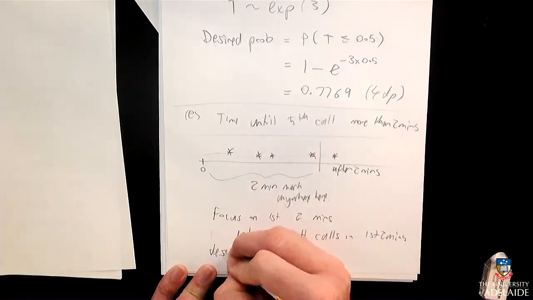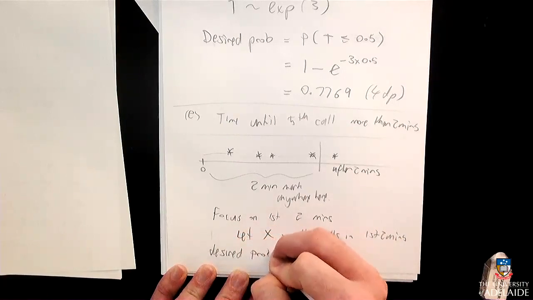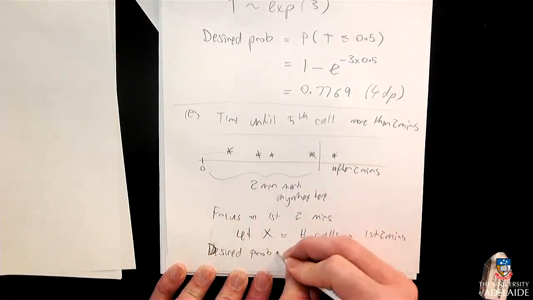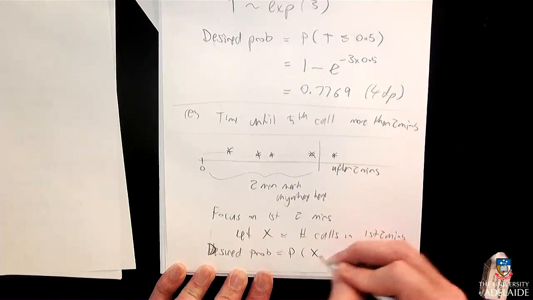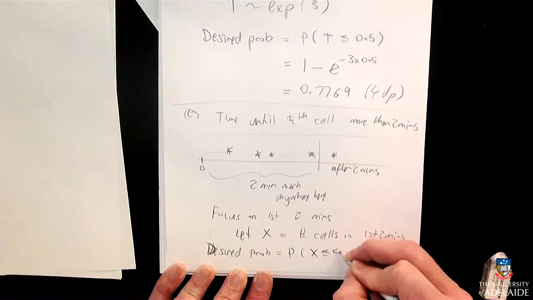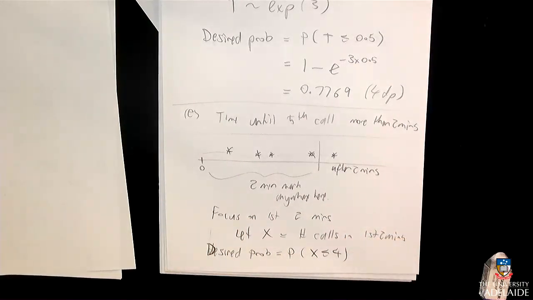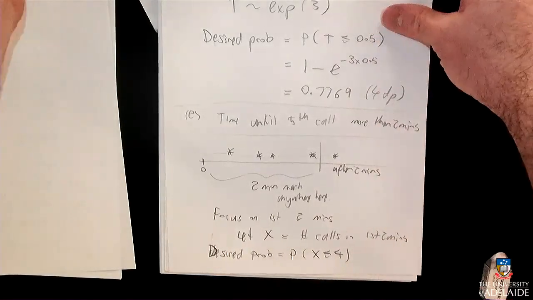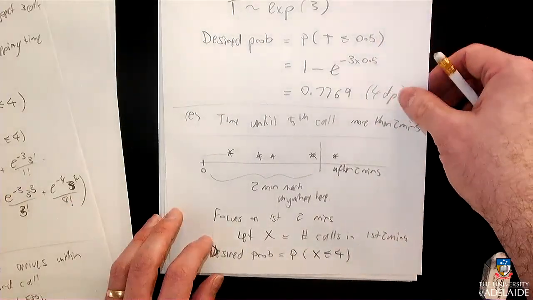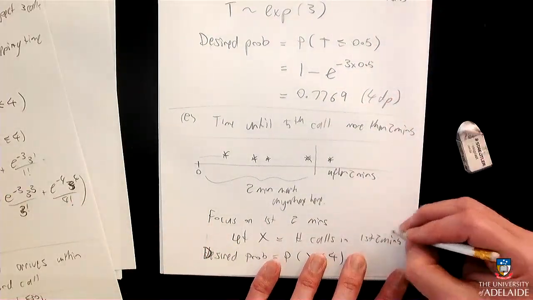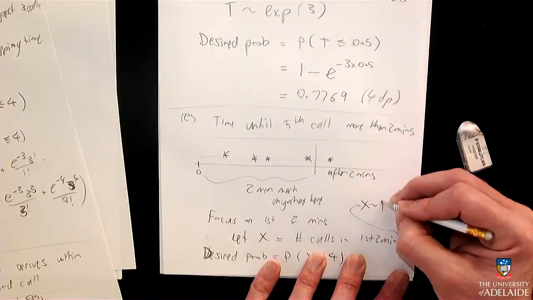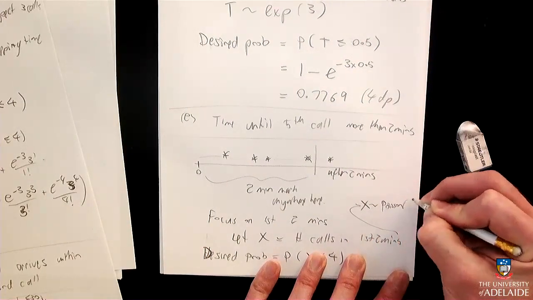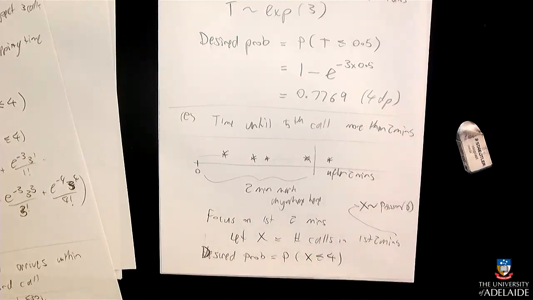And then the desired probability is the probability that x is less than or equal to 4. Oh crap, I didn't write down what the distribution of x was. X would be a Poisson with 6, because we've already done that multiple times.